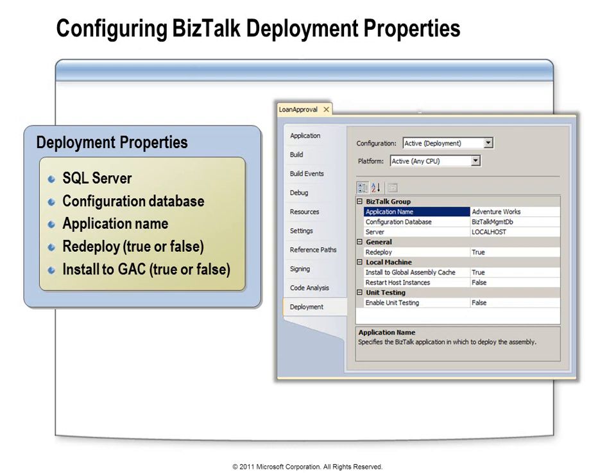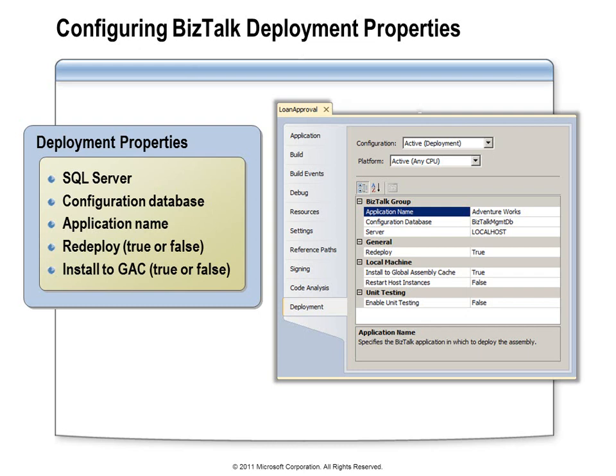In this case, the BizTalk management database is on the local machine. Now if you notice the property at the top, which is called Application Name, that property allows you to assign this assembly to a BizTalk application. If that BizTalk application does not already exist, it will be created when this assembly is deployed.